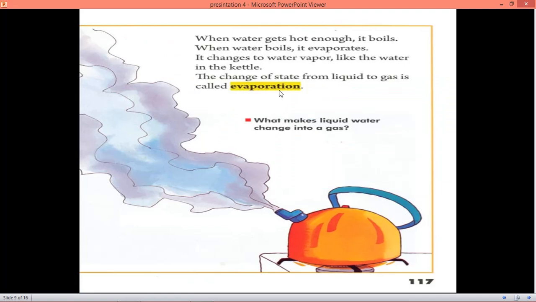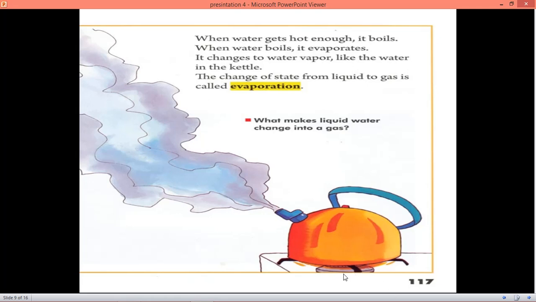Now number two, evaporation. When water gets hot enough, it boils. When water boils, it evaporates. The water changes to water vapor. Just like this picture, there is a kettle with water vapor because of adding heat.